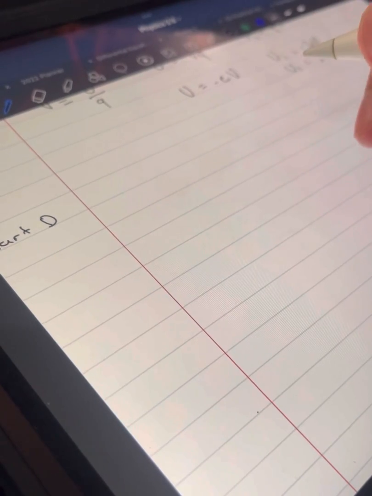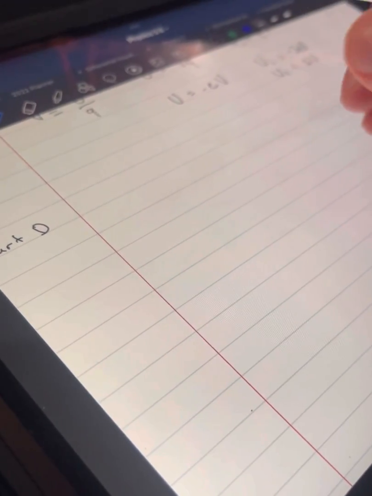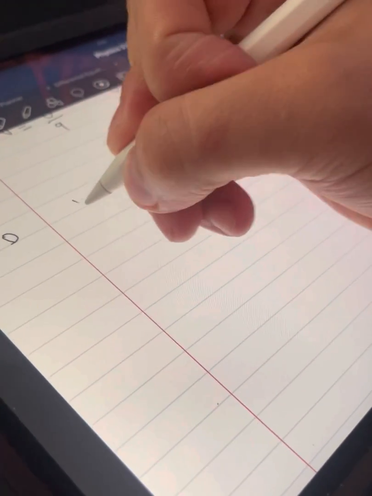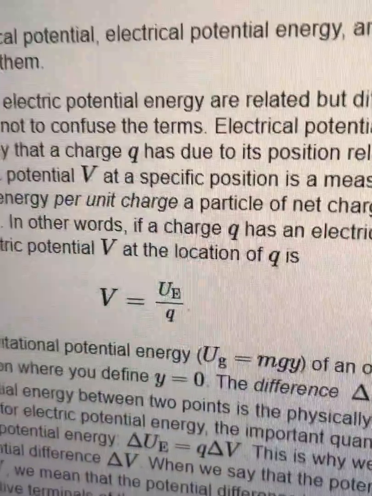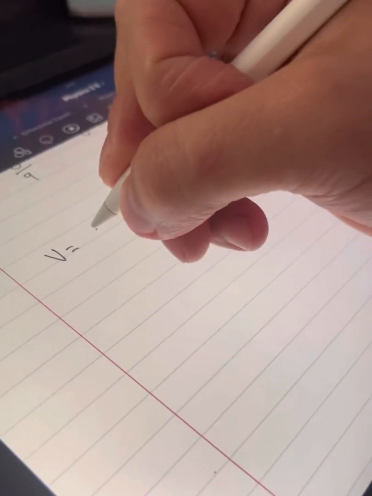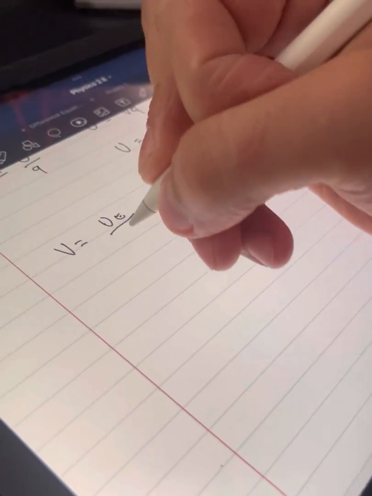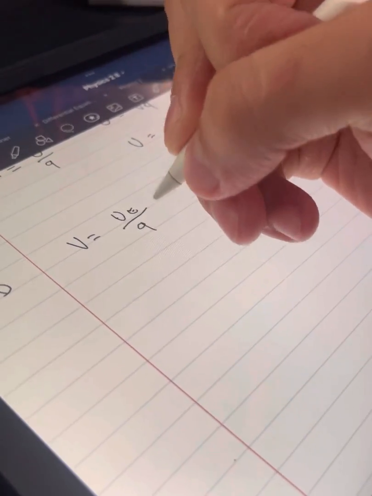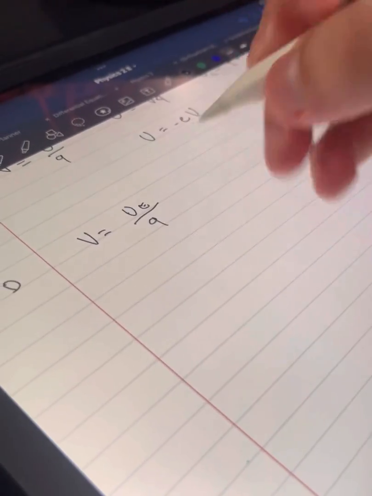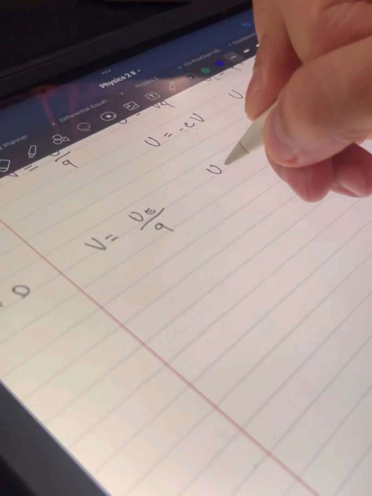To do this problem, we will rearrange the electric potential formula, which is V equals UE over the charge.